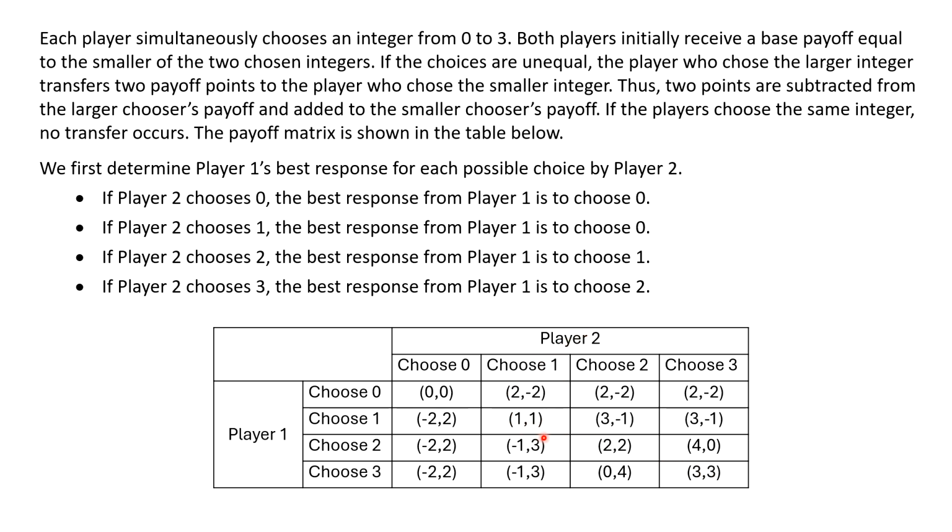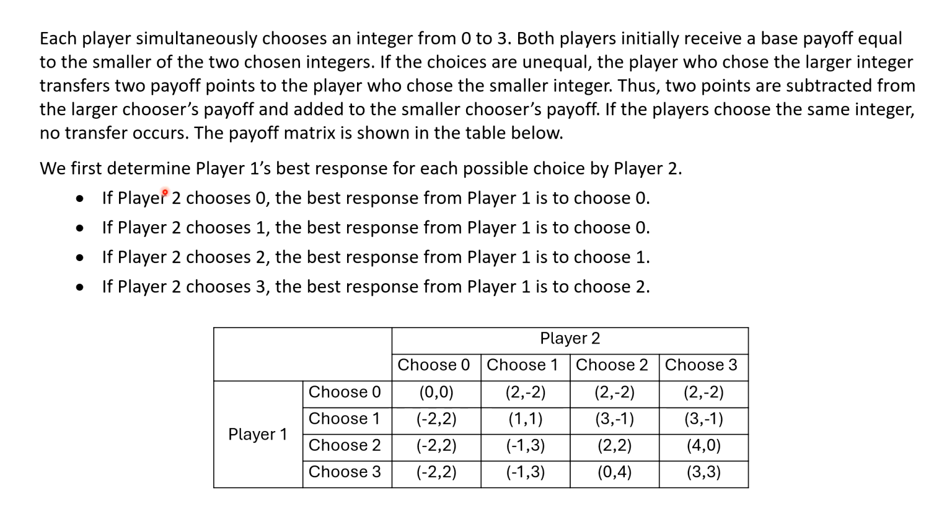And we looked at this case already. And then for these two cases here, the smaller number is 1. So the base is 1, but then player 1 has chosen a larger number, so you subtract 2 from player 1 to get a -1 here, and then you add that to the 1 that's given to player 2. Okay, so that's what this is. It's symmetric. You can see how these flip on either side here. For example, 4-0 and 0-4.